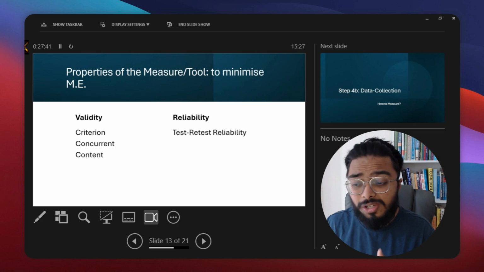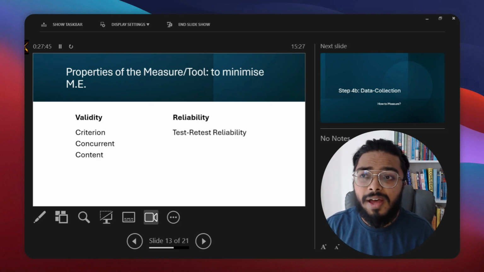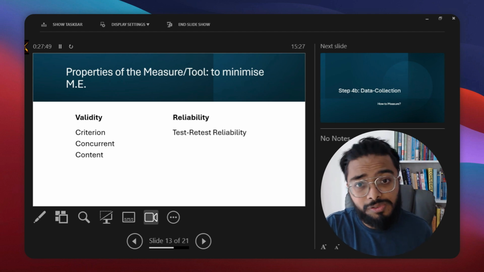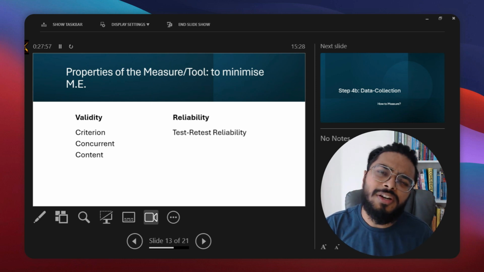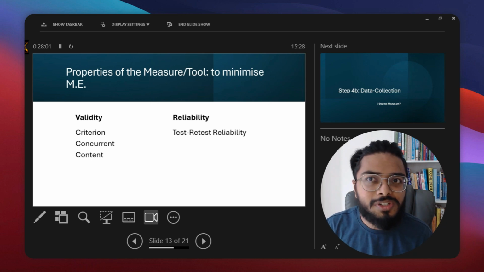If your weight today is, let's say, 40 kilograms, and I ask you to use the same weighing scale tomorrow, and you see it's 90 kgs, then that's not possible, right? Something's wrong, because it cannot be that overnight you just put on 50 kgs extra.